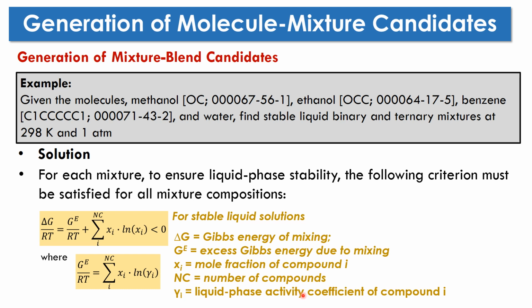If you still remember, you can use Wilson or Van Laar, for example, or you can also use a unified model to estimate the value of gamma_i, right? And yeah, okay. So you need to make sure that the equations are satisfied. Then only is the liquid solution considered stable.